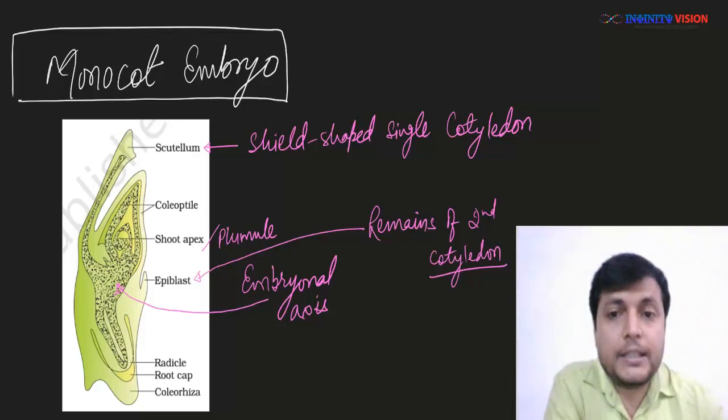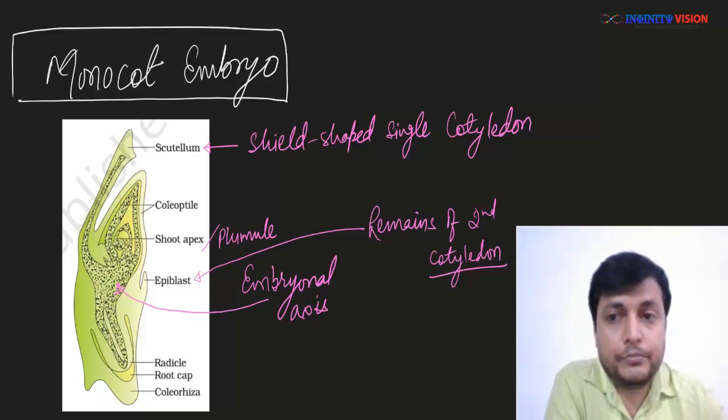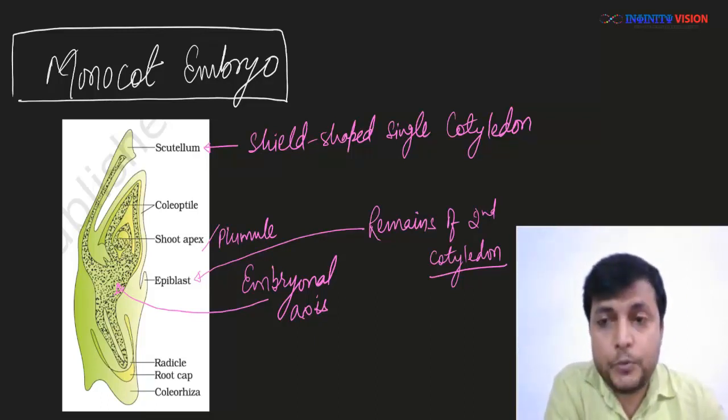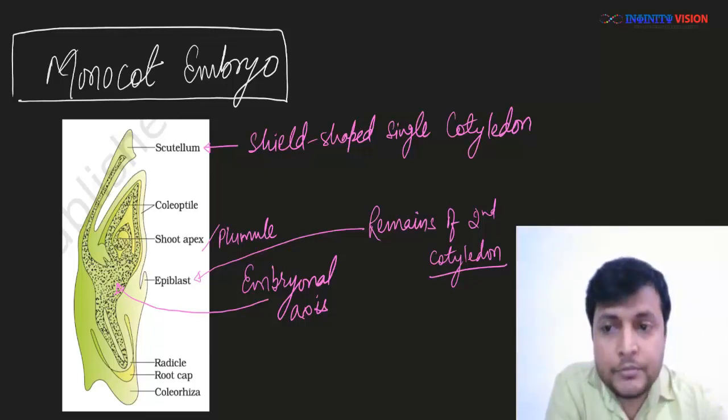So scutellum is a single shield shaped cotyledon found in monocot embryo. Great. Now this cotyledon is attached to the embryonal axis at the middle point, and this point is called embryonal axis or tigellum.